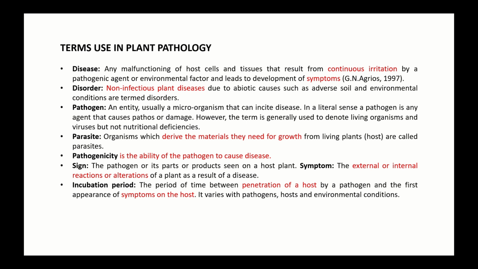Sign is what is seen on the host caused by the pathogen. Symptoms may be an external or internal reaction or alteration of a plant as a result of disease.